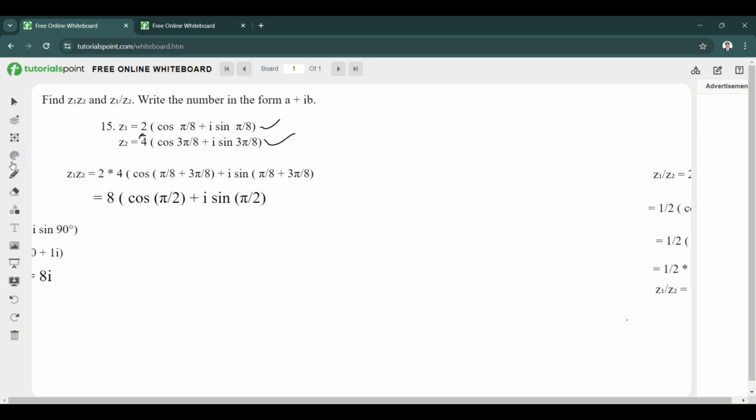So we'll have 2 times 4 equals 8. Then this pi over 8 plus 3 pi over 8 is equal to pi over 2. So the sine also will become pi over 2. So next step is to evaluate the cosine and the sine. So we have 8 times cosine 90 degrees plus i sine 90 degrees. From radians we can do it also in degrees, which is the equivalent of it.